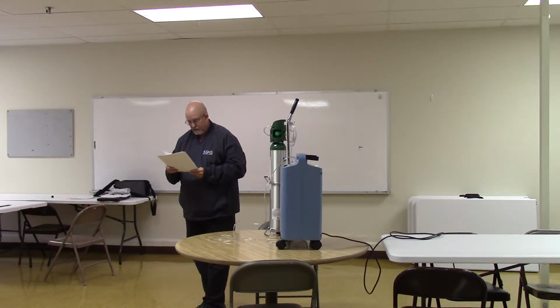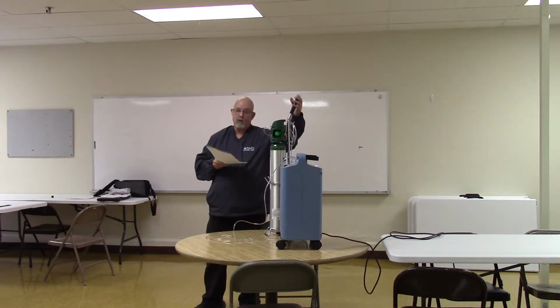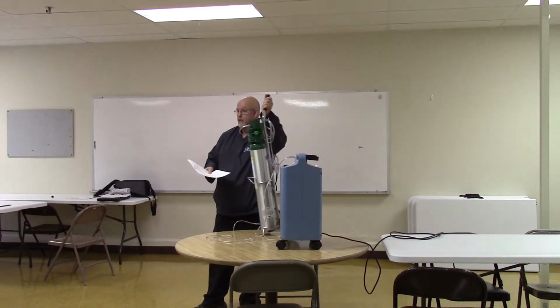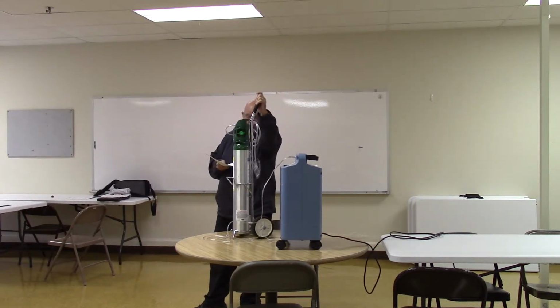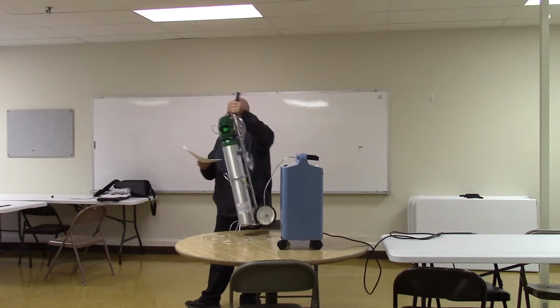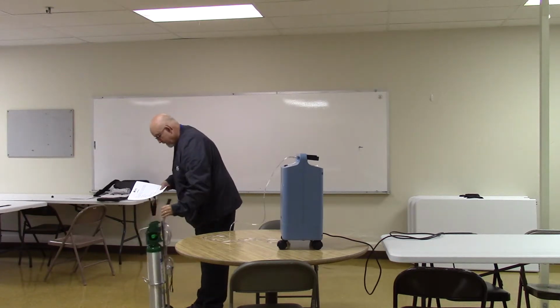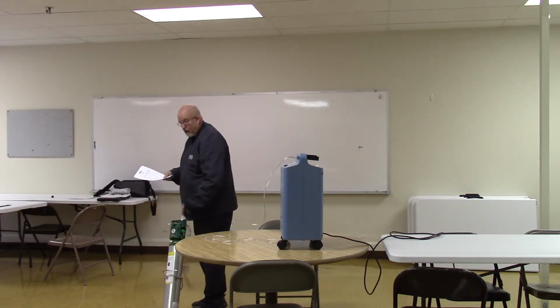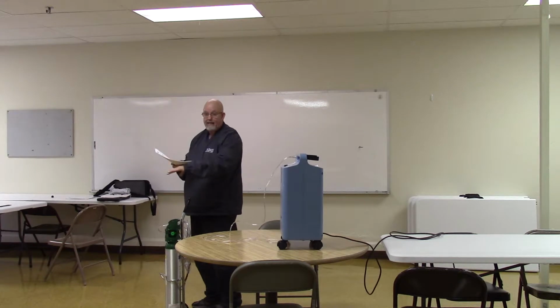So, one thing to remember, what I'm doing here is not safe. Cylinders should not be on top of tables. They should be in a container, a cart, or in a rack, okay?